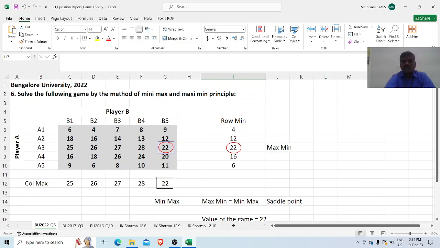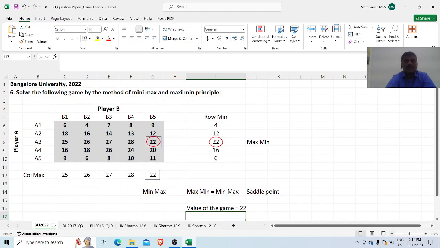Here we have two players, player A and player B, and the gain for player A is 22 points and the loss for player B is 22 points. When we add this, it becomes 0. So the game is also called a two-player zero-sum game.